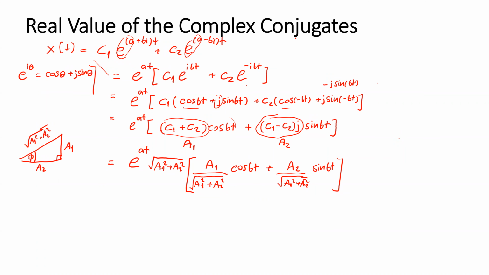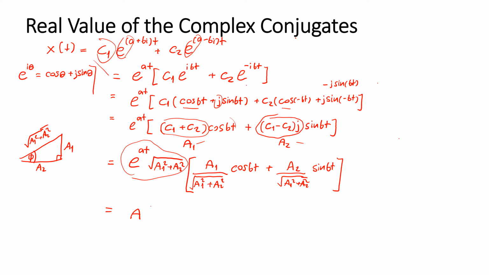So this one is a constant A. It's just a constant A, because it seems like we have the numerical value from the original coefficient.